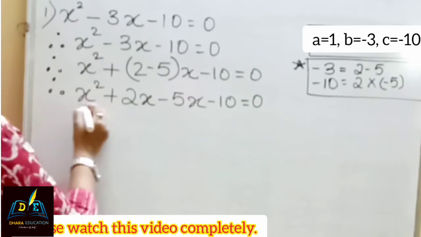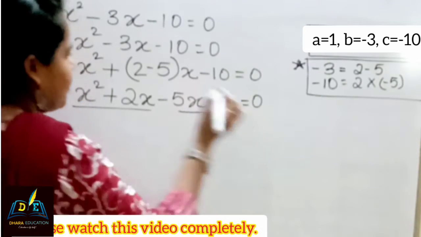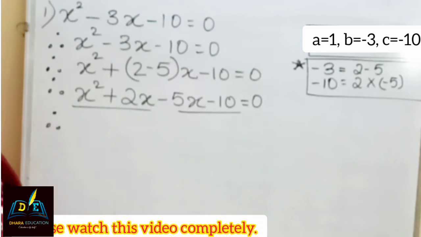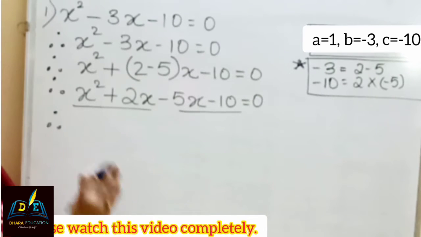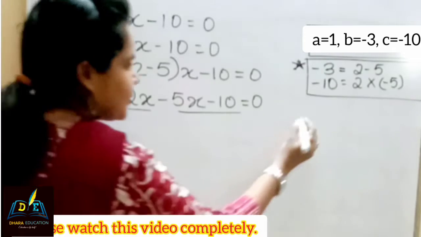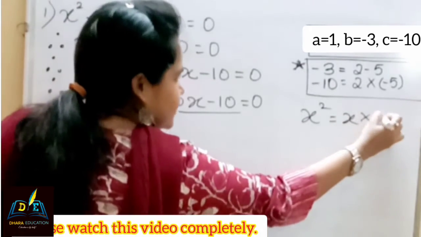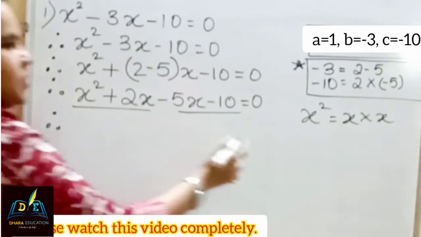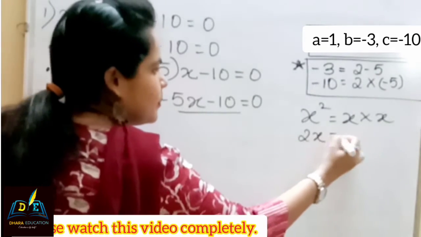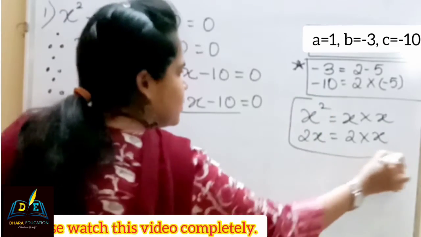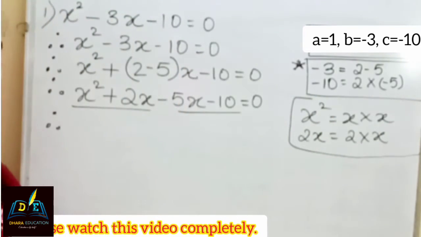So now we need to make pairs. Now here, what is common? Just look over here very carefully. X square means x multiplied by x. 2x means 2 multiplied by x. So in these particular terms, which is the common one?